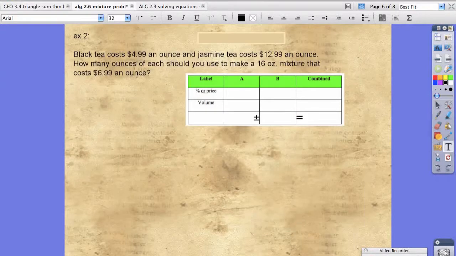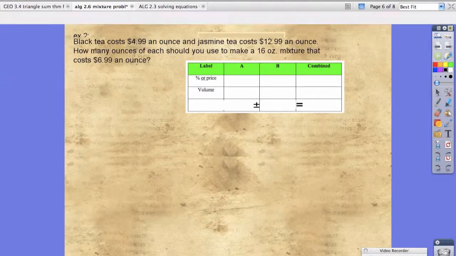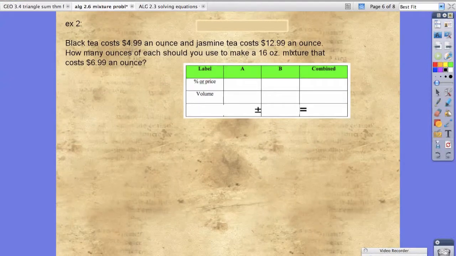Let's try another problem. It says black tea costs $4.99 an ounce and jasmine tea costs $12.99 an ounce. How many ounces of each should you use to make a 16-ounce mixture that costs $6.99 an ounce? So we'll start off with black tea. That's $4.99.